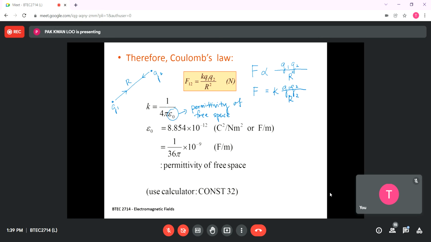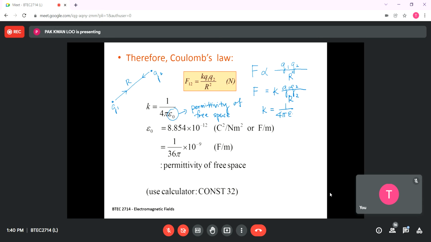So for now, perhaps we should write the proportionality constant K as 1 over 4 pi epsilon only.